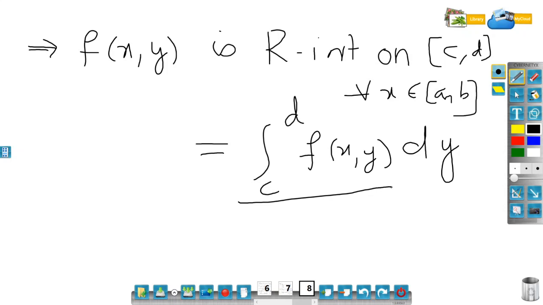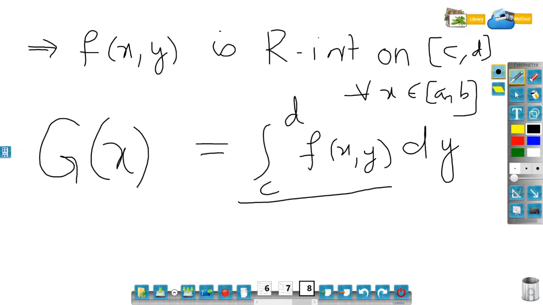So the integration of this will be in terms of x and some constants, if f involved constants, that's fine. The integration of this function is again a function which does not have any y, so it will be exclusively a function of x only. Let me call that function g of x.